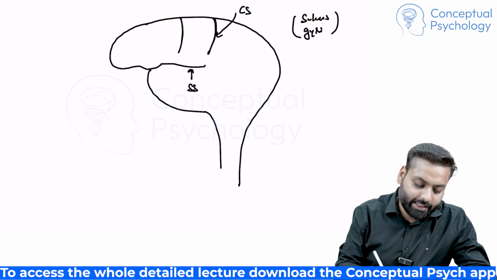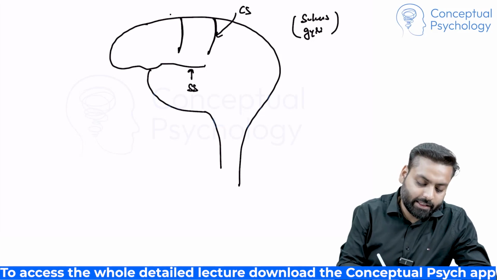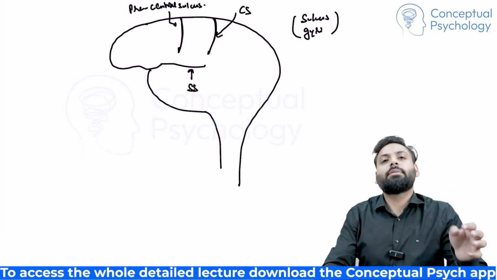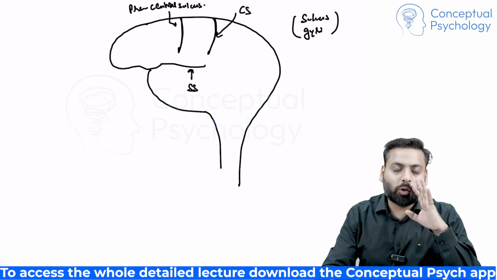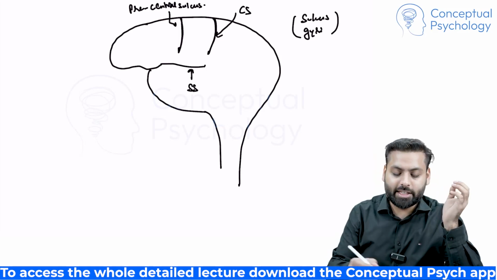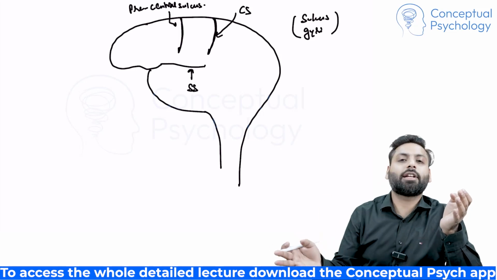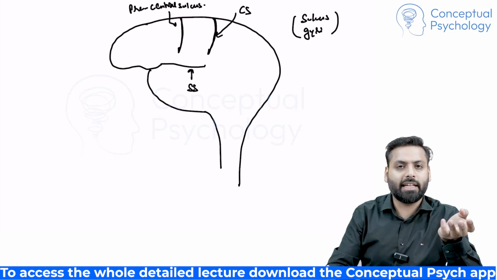This is the bifurcation here, known as the precentral sulcus. You have to understand that anything which is before the structure is known as pre, and after the structure is known as post. Very easy English terms only.